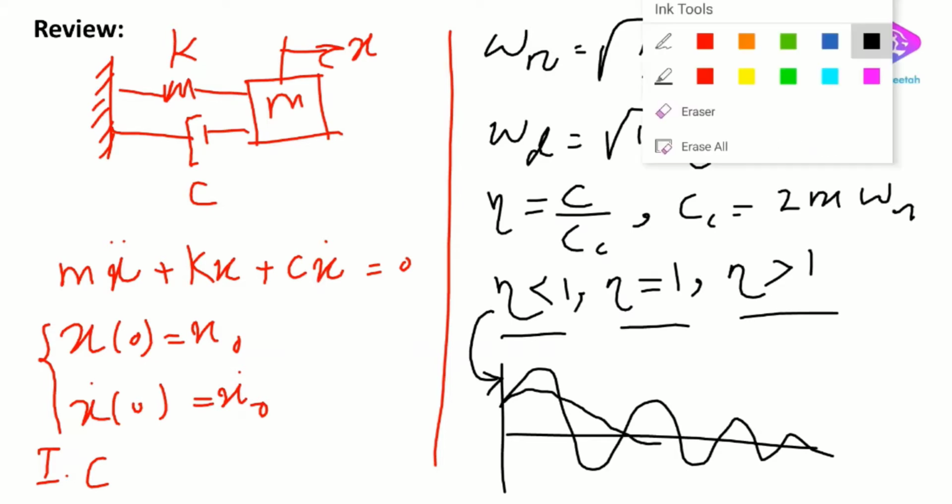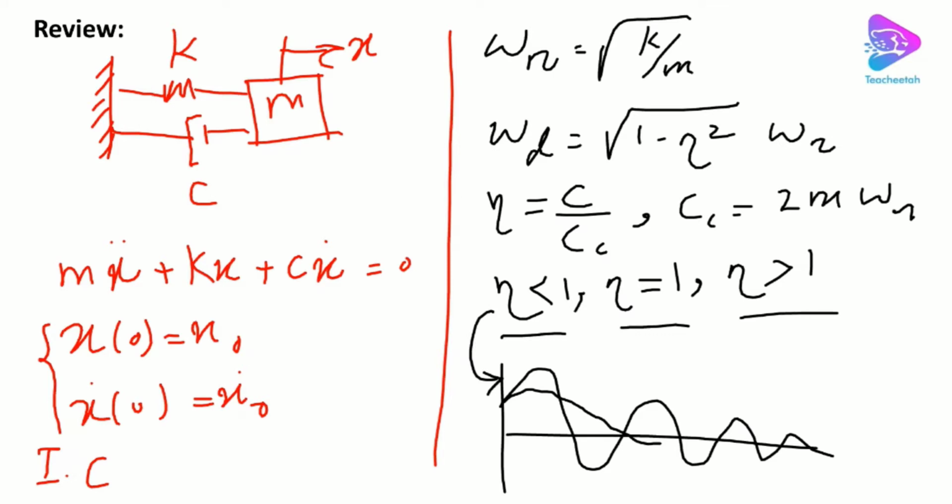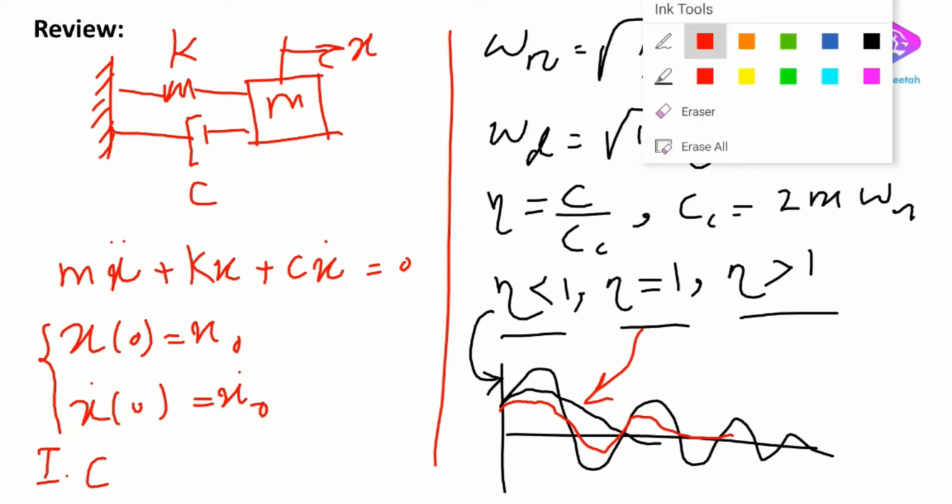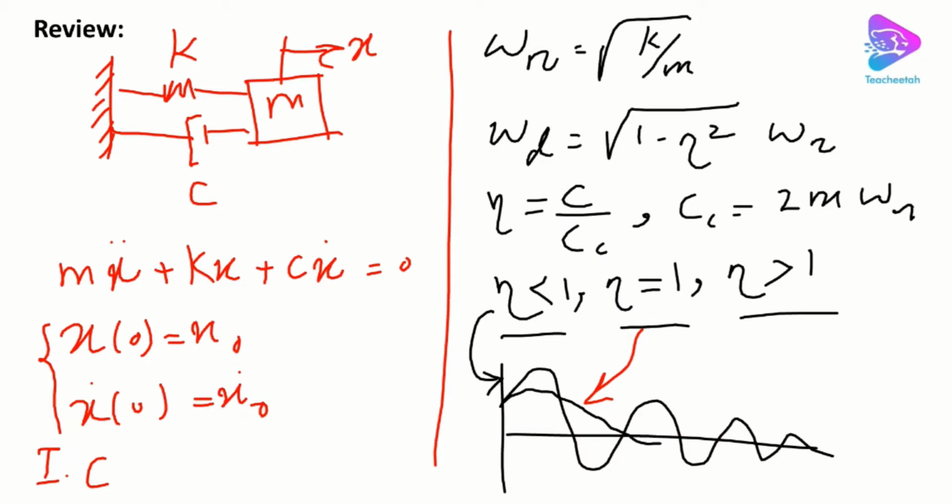So let me use another color to indicate this is for critical damping, and it could be something like this and then stops, it's not harmonic. Let me show it again. I'm going to use another color, and it could be something like this and slowly stopping for an overdamped system.